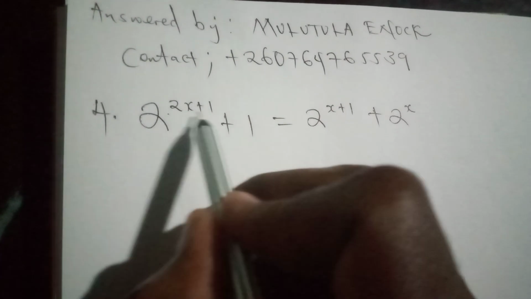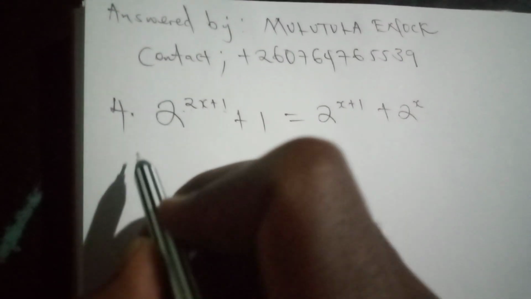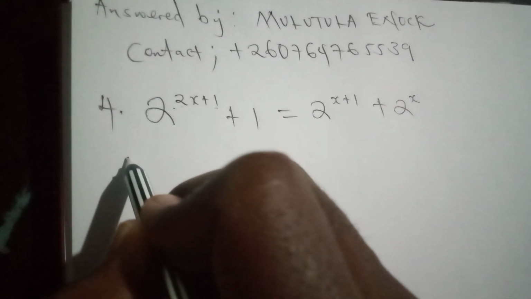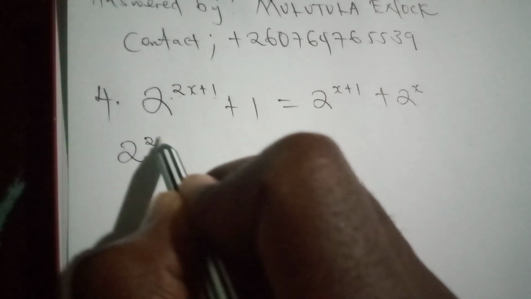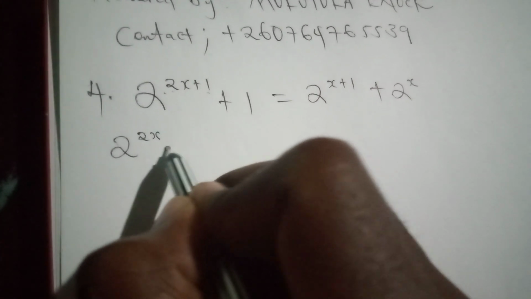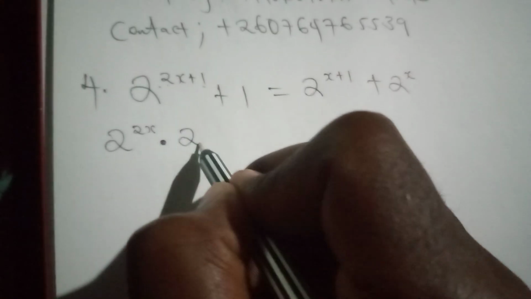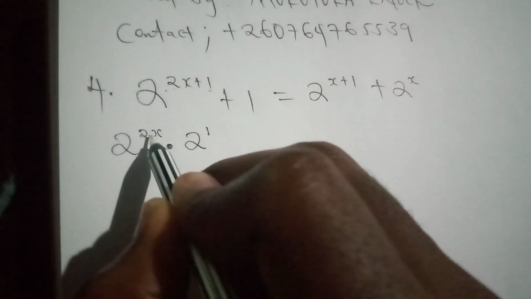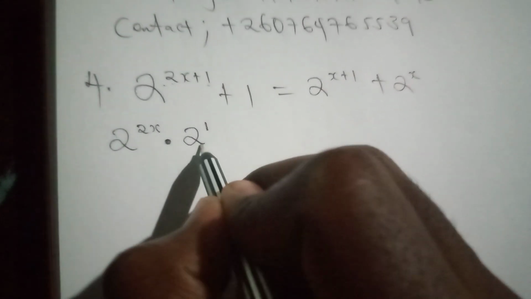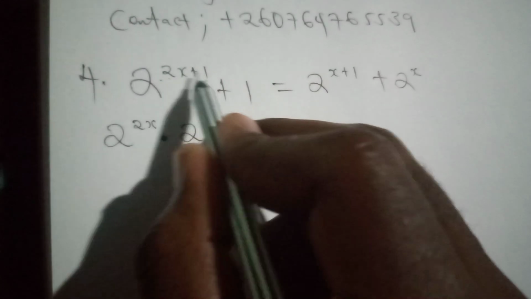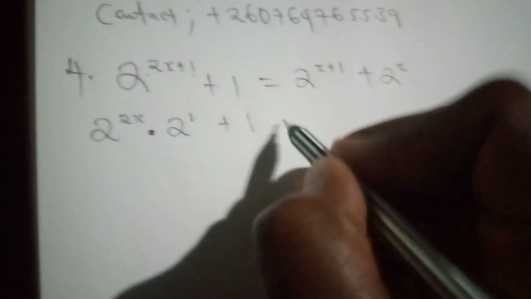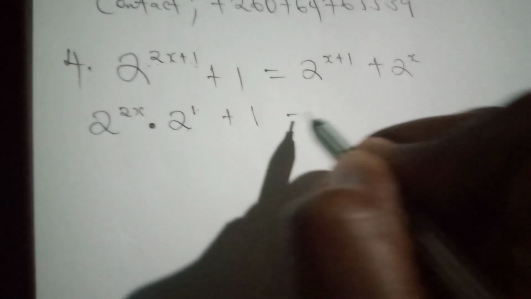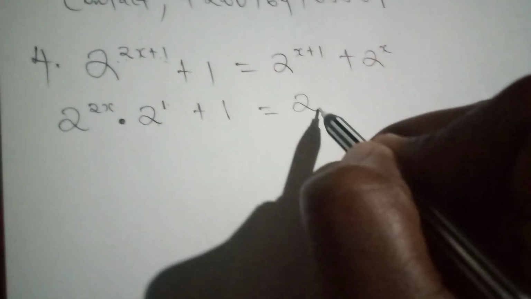For them to add these two, that simply means that the bases were the same, that is 2 to power 2x multiplied by 2 to power 1.